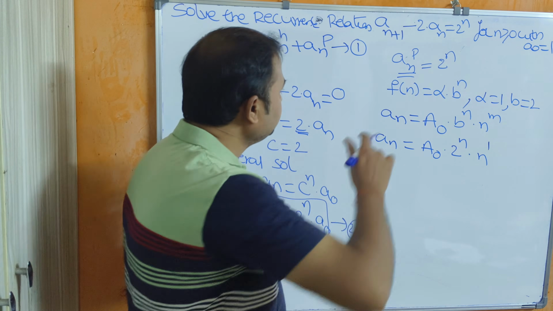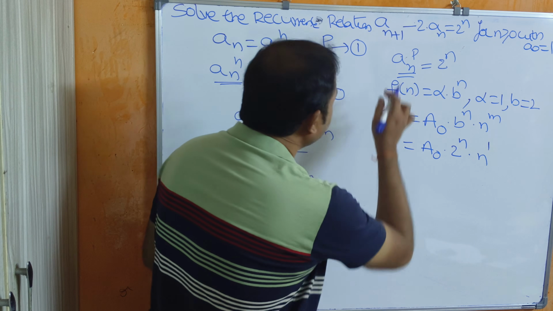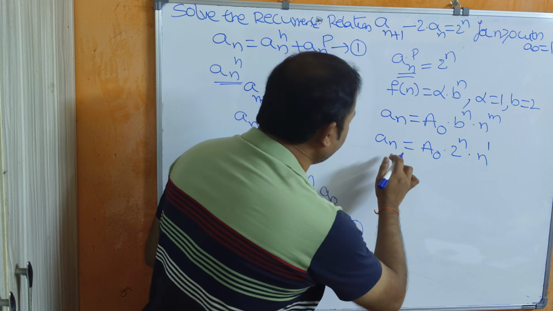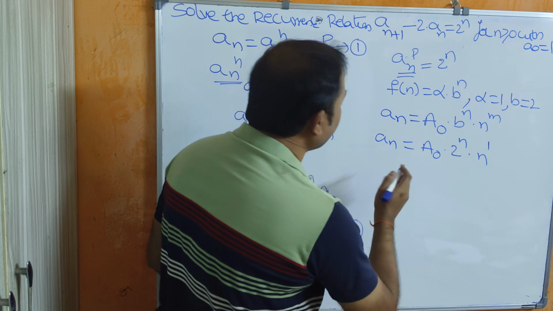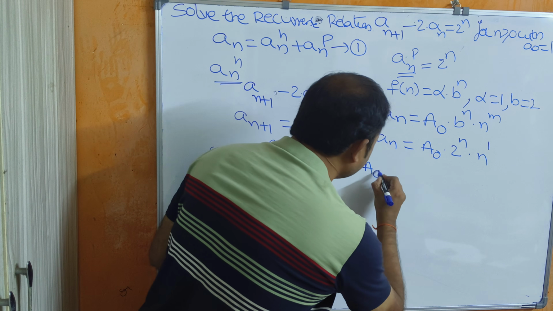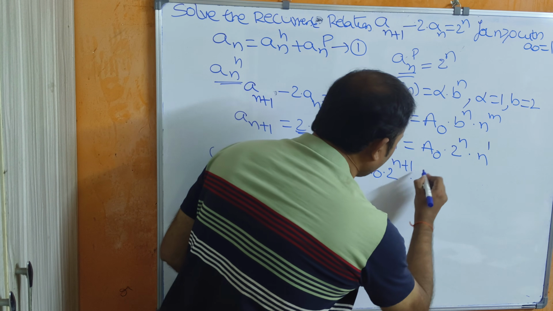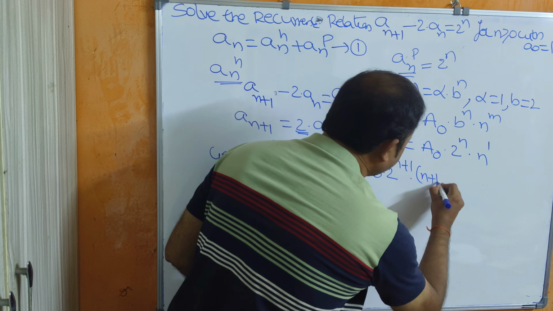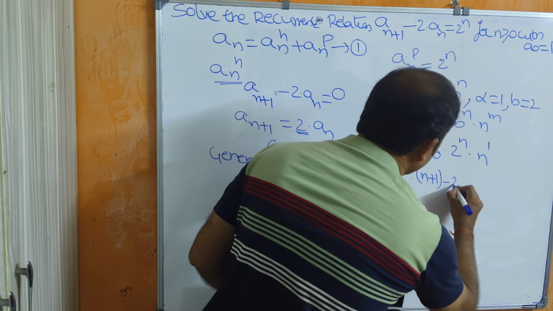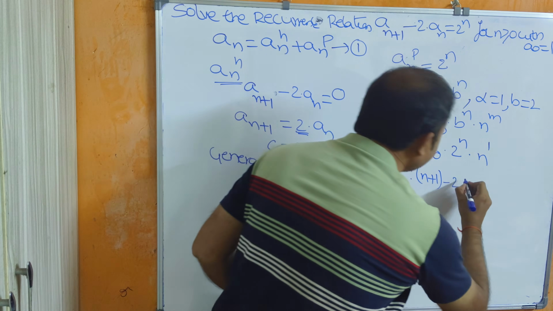Now we have to substitute a_n value in the given recurrence relation. So what is the given recurrence relation? a_n plus 1. So that means in place of n we have to write n plus 1. So a naught into 2 power n plus 1 into, in place of n we have to write n plus 1, minus 2 into a_n value. What is a_n value?